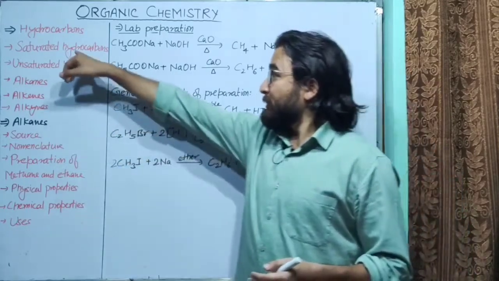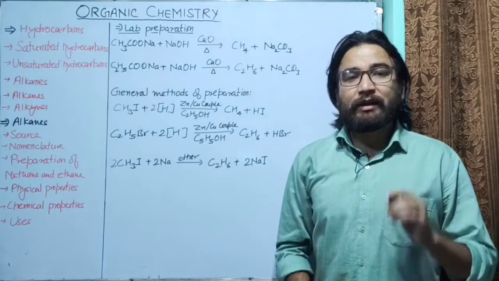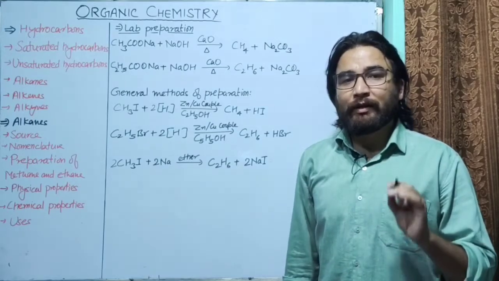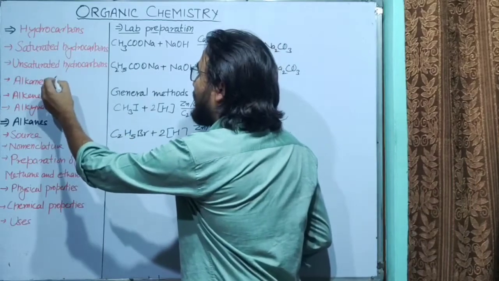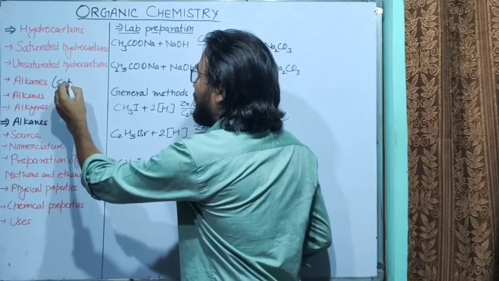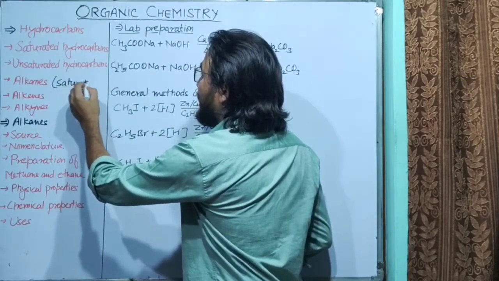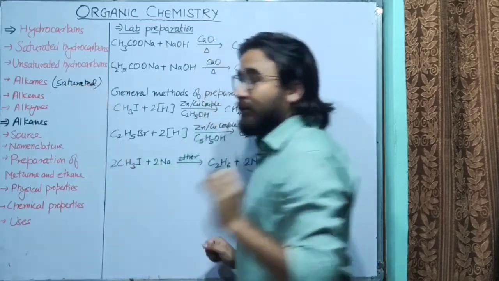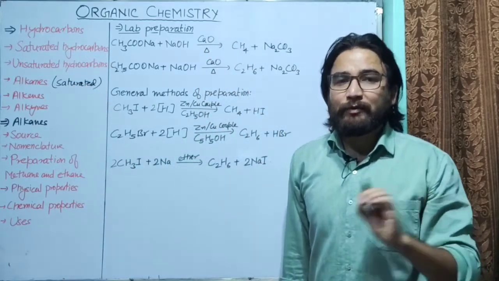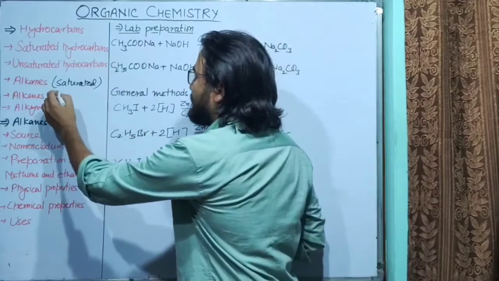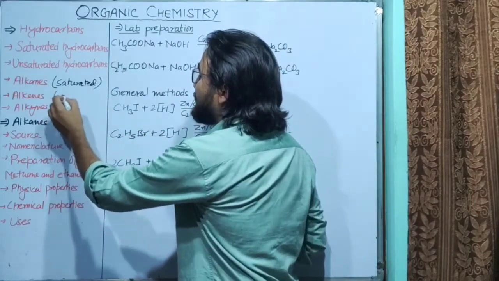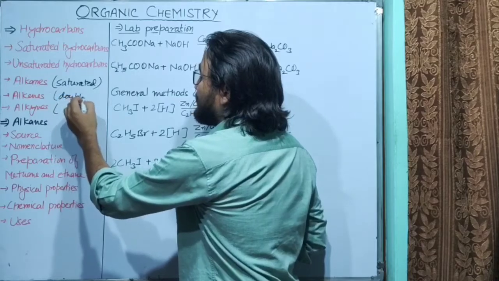Such saturated hydrocarbons are called alkanes. So alkanes are saturated hydrocarbons, while if there are double bonds between carbon atoms, these are called alkenes. So in alkenes there is a double bond, and in alkynes there is a triple bond.